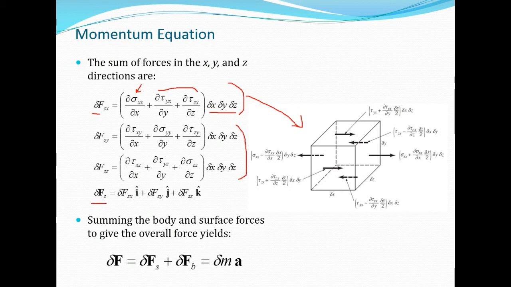So here's the differential force. It's a function of the forces in the x, y, and z. And these differential forces sum to mass times acceleration, if we remember the body force too. The ones up here do not show the gravity term that we talked about a moment ago. That's the body force.